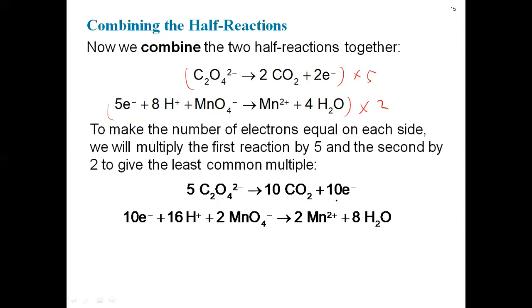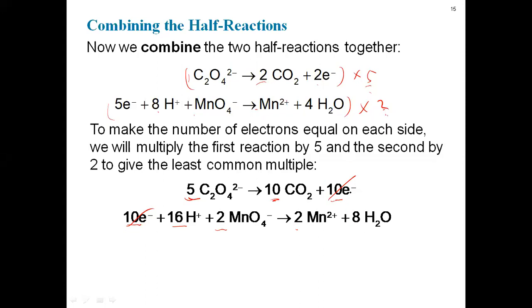Now they have the same number of electrons: 10 electrons, 10 electrons. This 5 comes from 1 times 5. This 10 comes from 2 times 5. 2 times 8 is 16. 2 times 1 is 2. 2 times 1 is 2. 2 times 4 is 8.